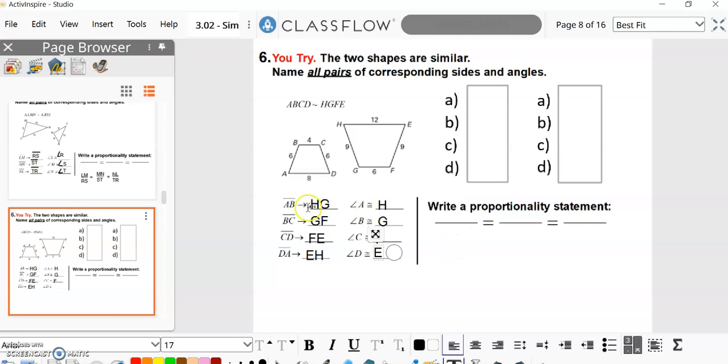And the proportionality statement would be AB over HG is equal to BC over GF, CD over FE, and finally equal to DA over EH.